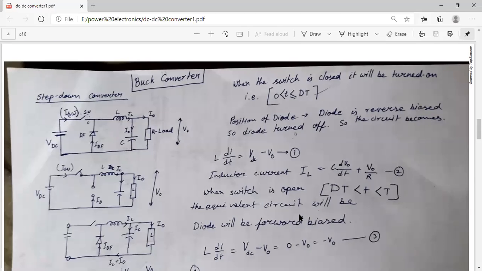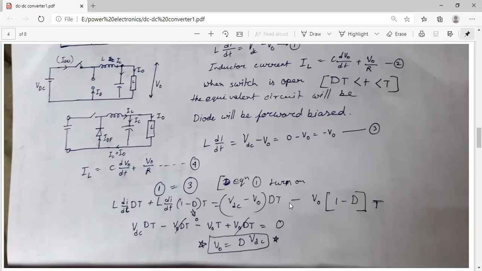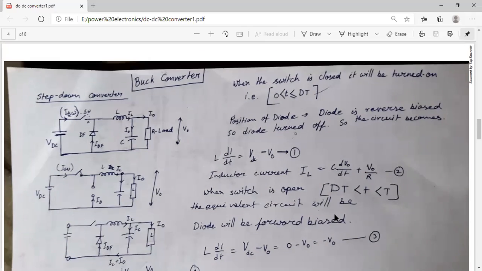Now when the switch is closed, in equation 1, since the DC voltage is not coming, we can put DC voltage equal to 0, minus V naught equal to minus V naught.